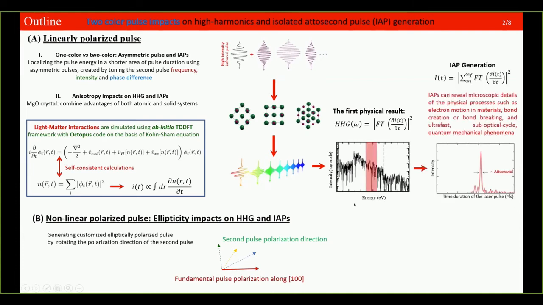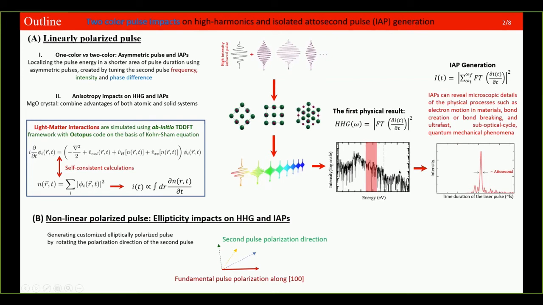Finally, by considering an appropriate energy window, we can find the isolated attosecond pulse from harmonics emission, which is important to study the electron motion in molecule or condensed matter systems.